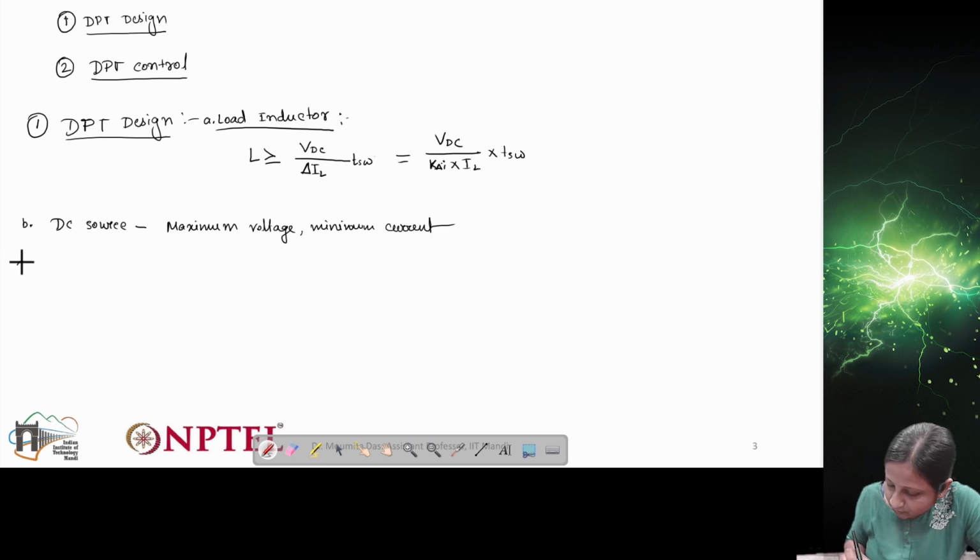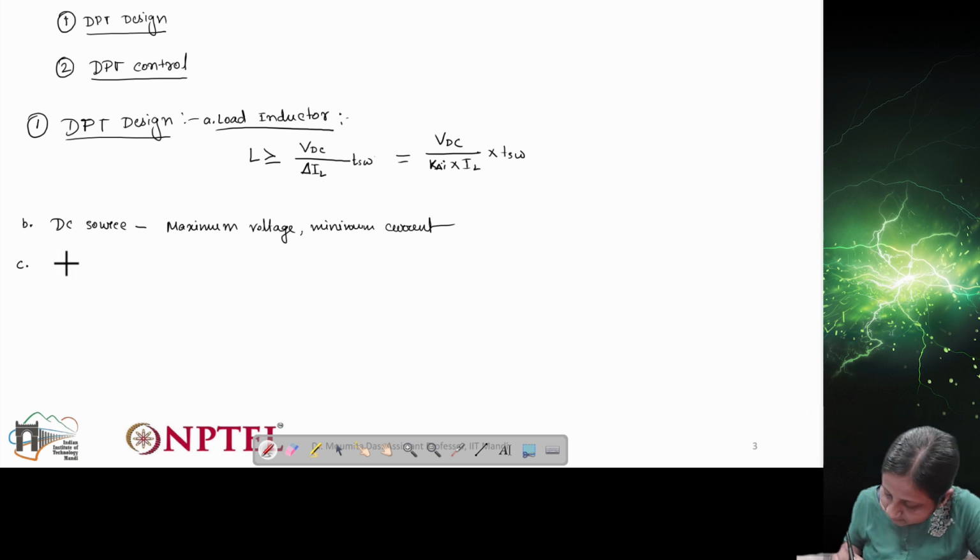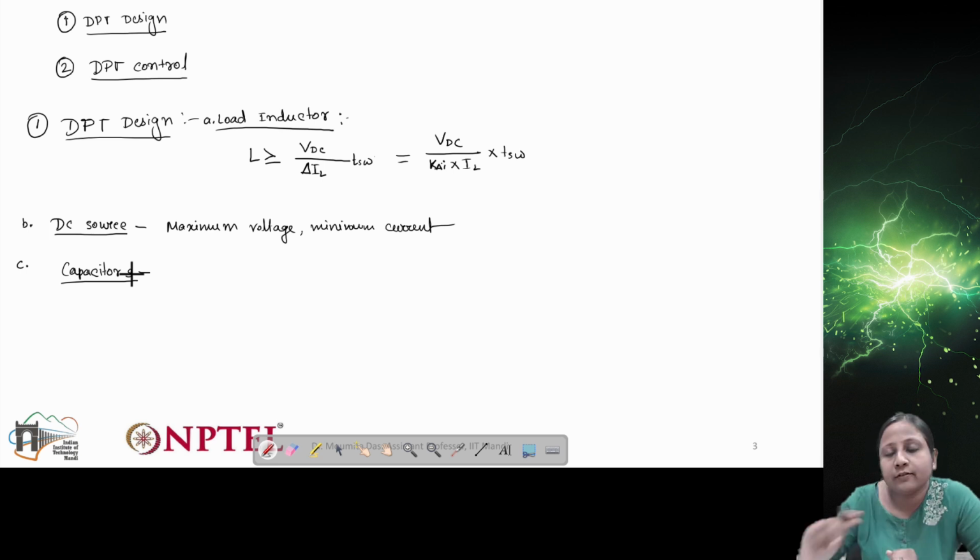Okay, so the third component which we need in this case is the capacitors. You have seen that two capacitors are given.